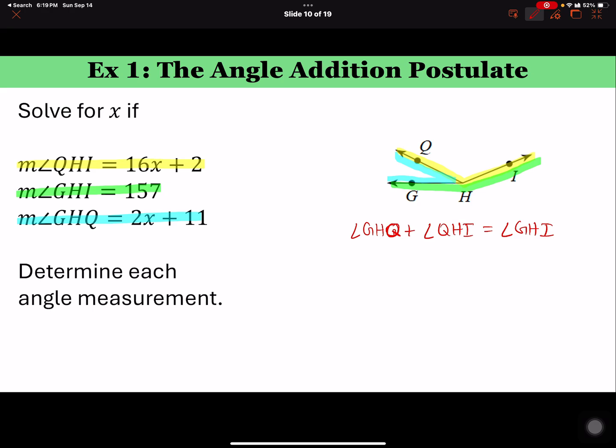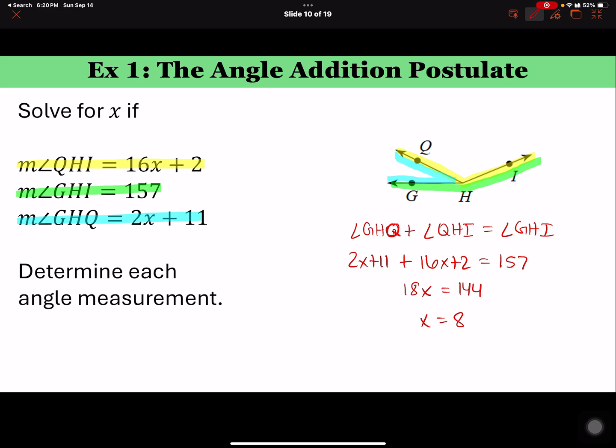So angle GHQ is 2x plus 11. Angle QHI is 16x plus 2. And angle GHI is 157 degrees. Now from here, I'm going to solve for x. If I combine like terms and get all of my variables and integers on the same side, I'll end up with 18x is equal to 144. Then I'll divide by 18 on both sides so that x is equal to 8.